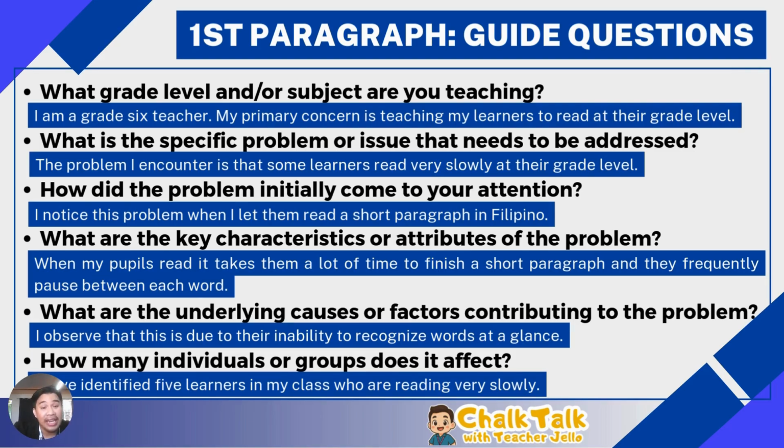What are the underlying causes or factors contributing to the problem? The answer. I observe that this is due to their inability to recognize words at a glance. So yun pala. Now, the last question is, how many individuals or groups does it affect? I have identified 5 learners in my class who are reading very slowly.